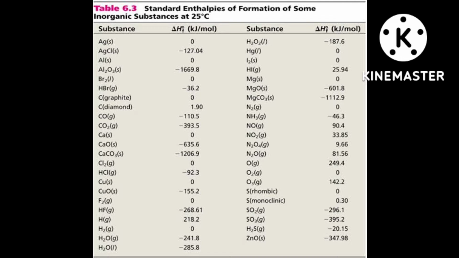If more heat is evolved, it is more strong; if less heat, then less strong. So heat of formation decides the strength, and by the value of delta H you can comparatively tell which one is more and which one is less strong.